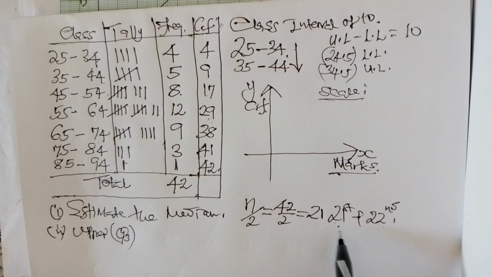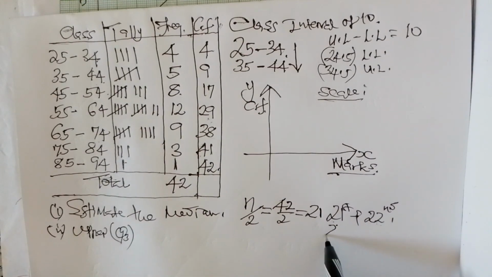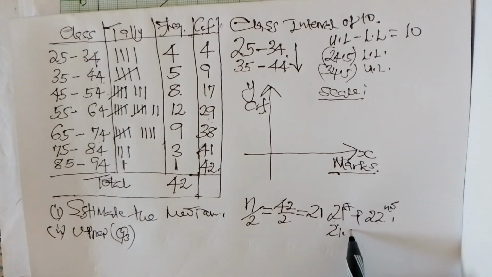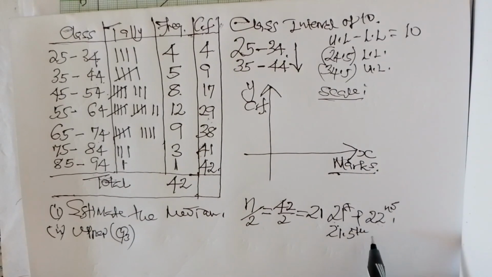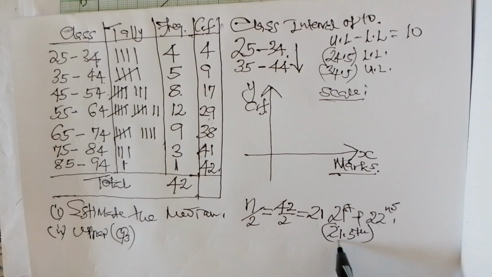The position of that value will be at the 21.5th position of our cumulative frequency, so that we can get the median.